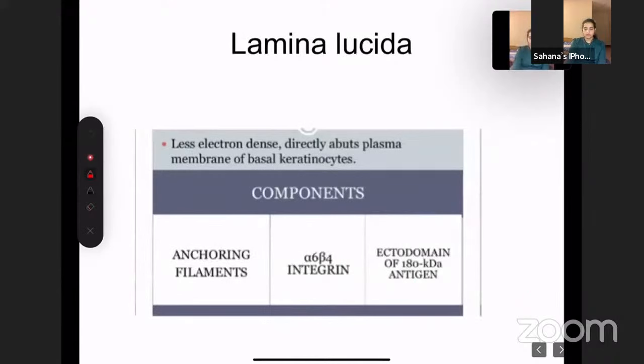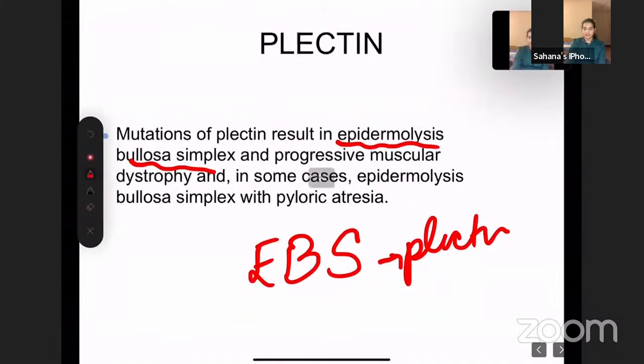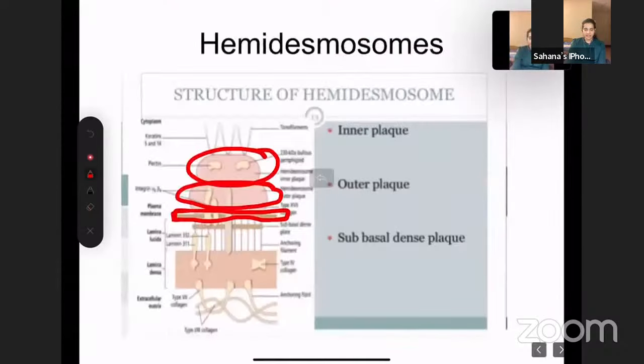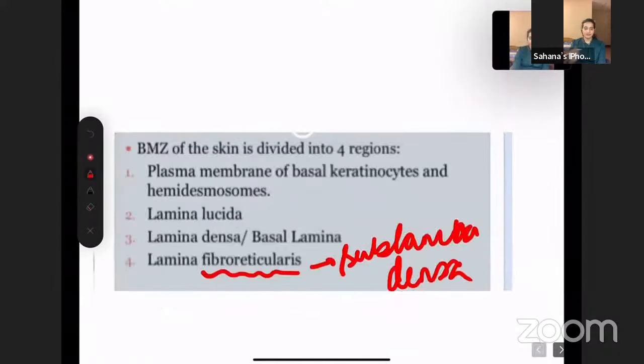I hope that is not very confusing and overwhelming. Let's go back to the very first diagram I showed you.